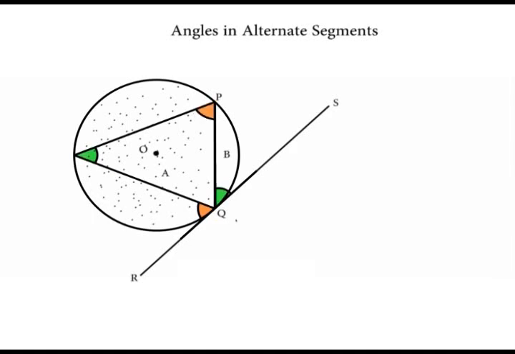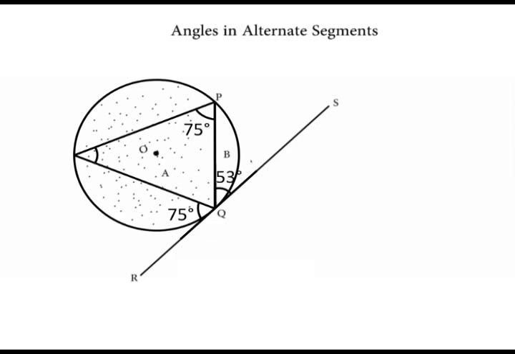Just to put some numbers in there, if we had 75 degrees down here, we would automatically know that this angle here is 75 degrees. And you notice that the 75 degrees angle lines at the bottom do not touch the 75 degrees angle lines anywhere.